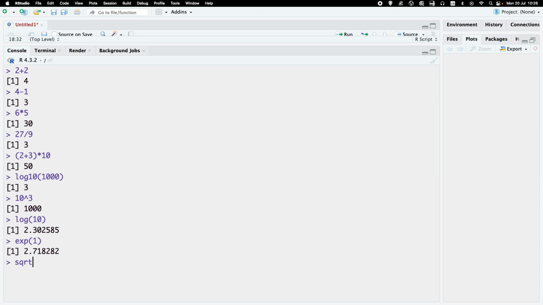That would be square root of, let's say, 81. And we get 9 for that. So basically we can use R like any kind of calculator. We can also do trigonometric functions like sine, cosine, and so on and so forth.